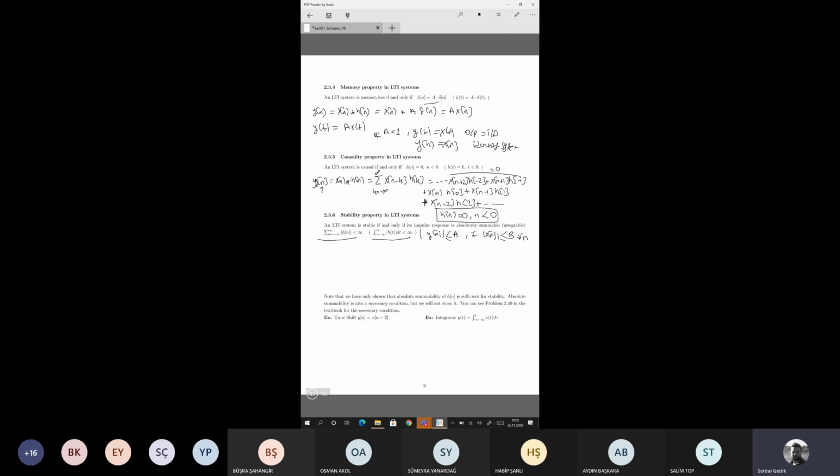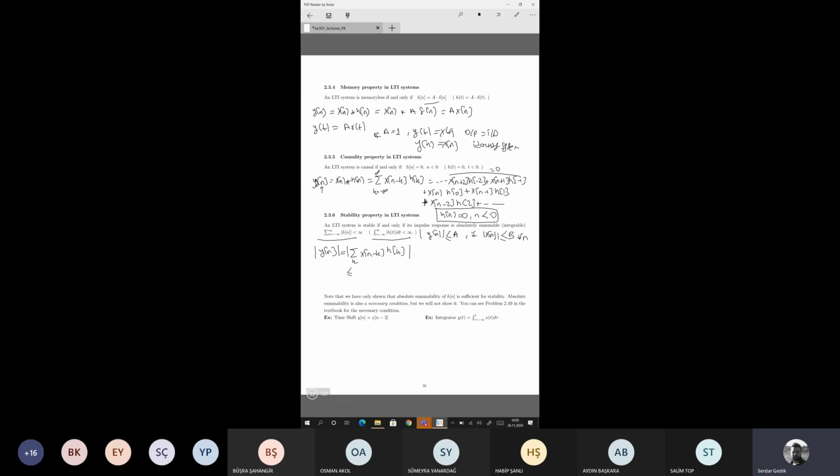In addition to LTI, it has a stability property. So how can I show this? First, start with writing y of n. As usual, this is the summation over k of x of n minus k, h of k. I will put an absolute sign without changing anything.